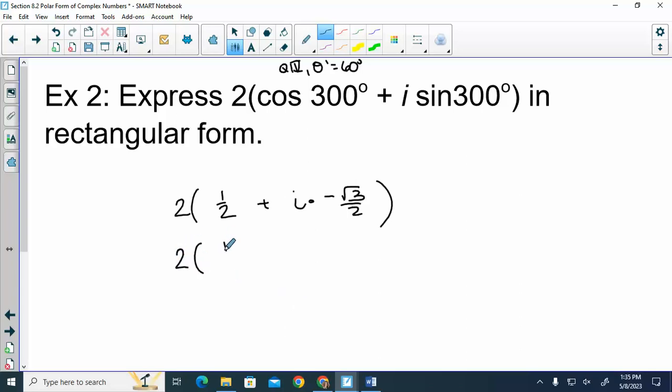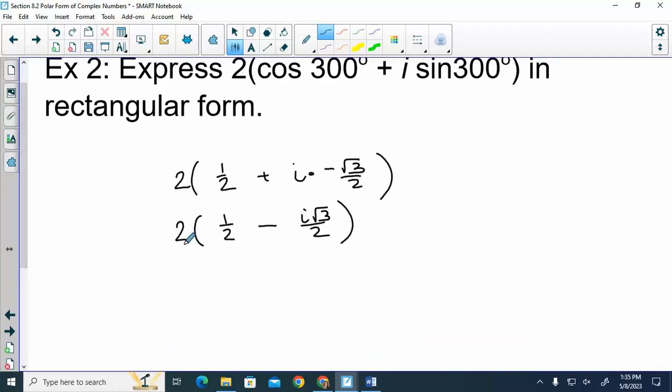So we have 2 times 1/2 minus i radical 3 over 2. So final step, just distribute the 2. 2 times 1/2 is 1 minus i radical 3.